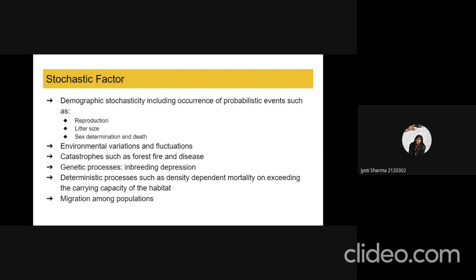Because of the same or similar genetic codes of the DNA or RNA, we will get some disease, or some disadvantage in the offspring. So this is inbreeding depression.